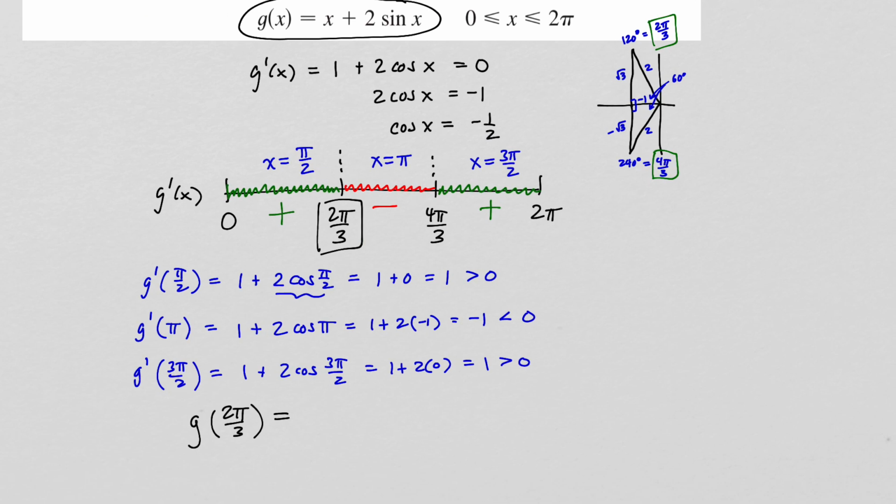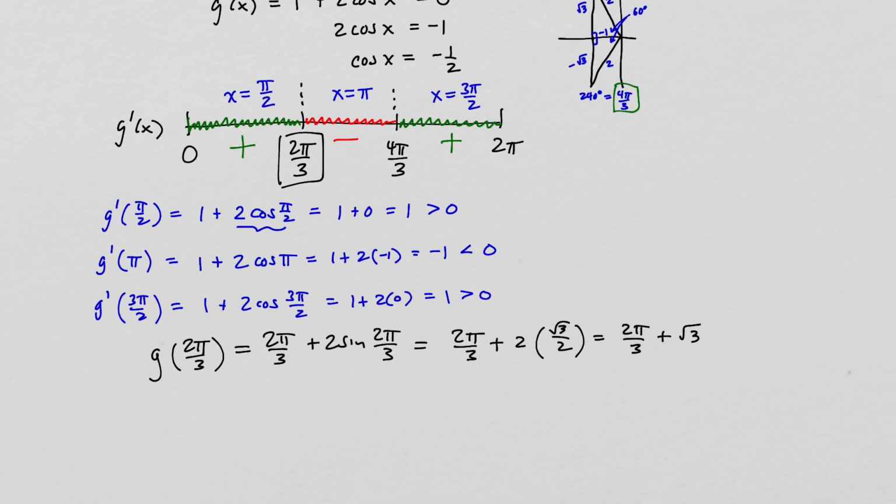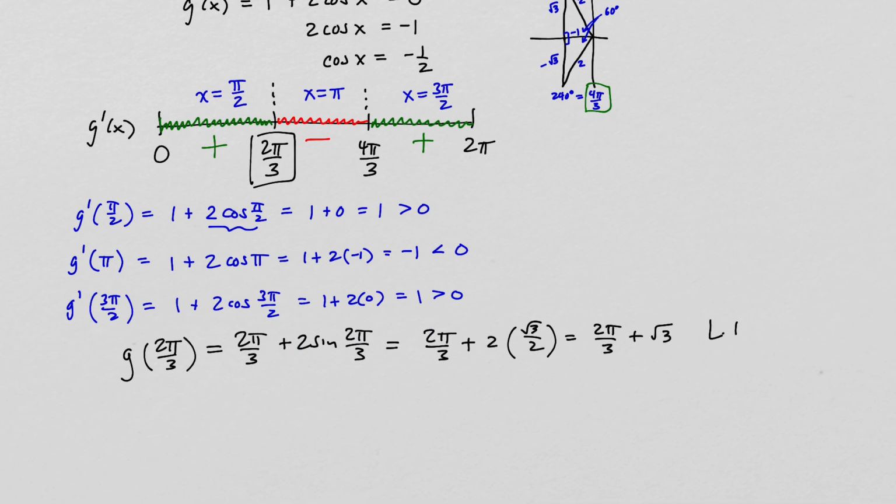So that's going to be 2 pi over 3 plus 2 times the sine of 2 pi over 3. I won't get into the details on this one, but the sine of 2 pi over 3 is radical 3 over 2. And so this is 2 pi over 3 plus radical 3. And again, this is our local maximum.